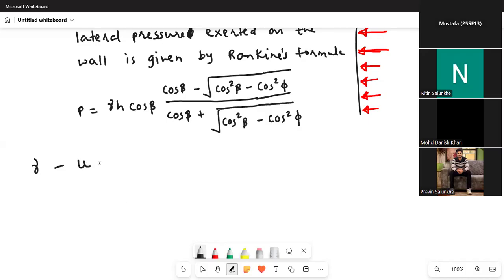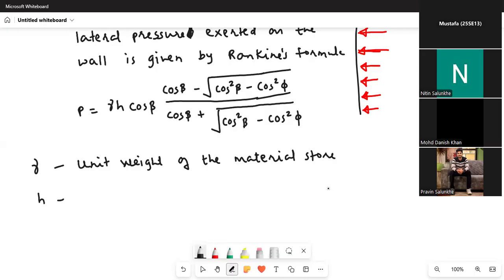Unit weight of the material stored, that is your gamma, and H is the depth measured from top of the stored material.